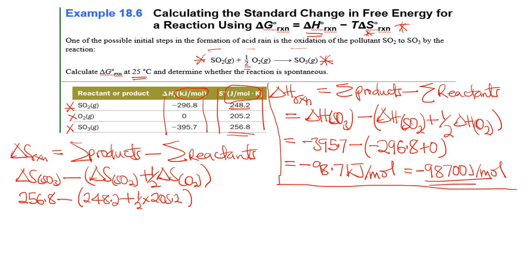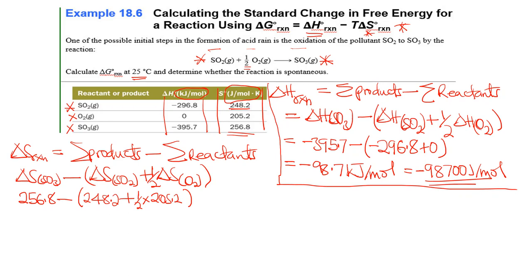I'm going to do the calculation again just to be sure. So I have 256.8 minus parentheses 248.2 plus 0.5 times 205.2.